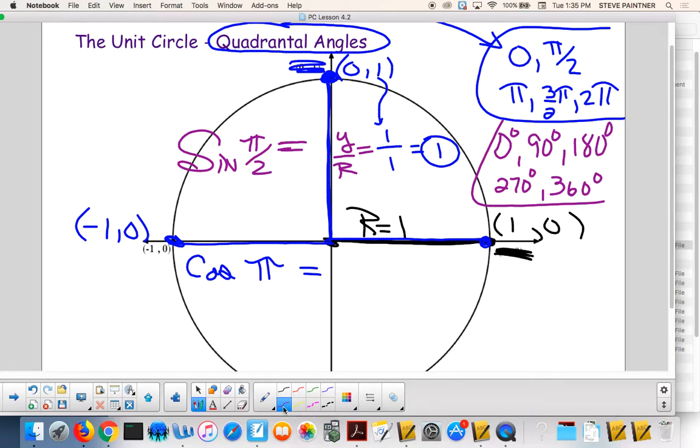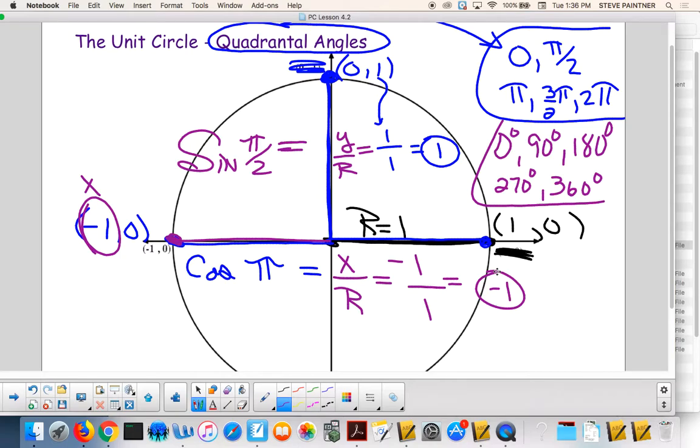You go to where pi is, right here. And then you take the x of that. Take what? The x, so -1. Take the x value over r, okay? And the x value is -1, which is over r, so 1. The radius in your circle is 1. So your answer is -1. You okay? Pretty easy, isn't it?